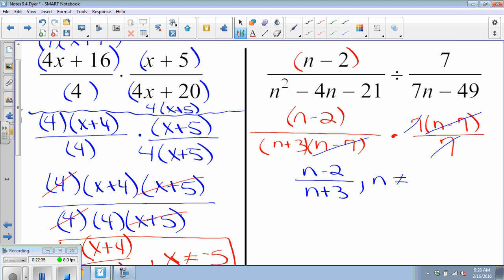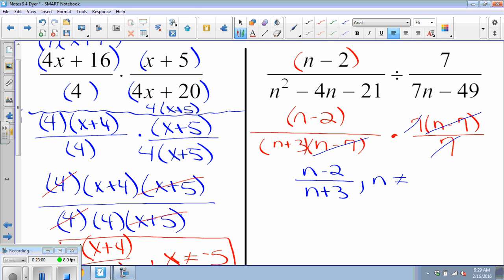Well, when I have a factor times a factor, just like we did in the warm-up, anything that's going to make one of those factors equal 0 is going to cause this whole denominator to equal 0, right? So if n was equal to negative 3, then this would be negative 3 plus 3, which is 0.